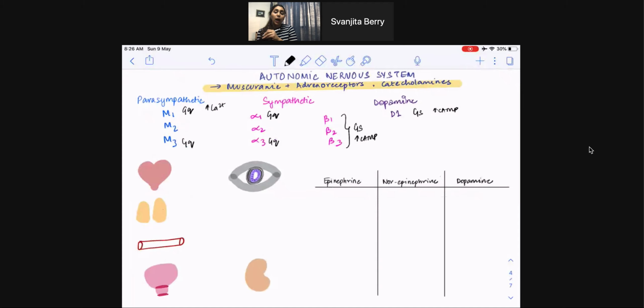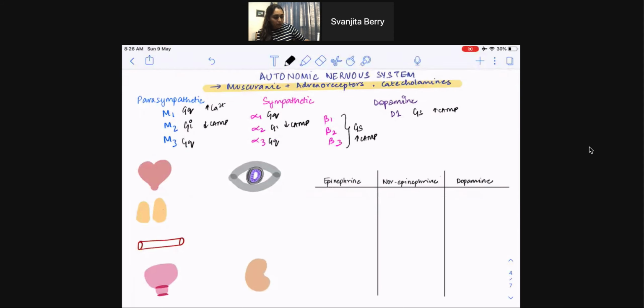Now we're left with M2 and alpha 2. The 2s are inhibitory, so they're Gi, and if you remember, Gi works opposite to Gs, so they decrease cyclic AMP or second messenger levels in the cell. So that's your overview. If you remember this trick, it should be a little easier to remember the receptor types.